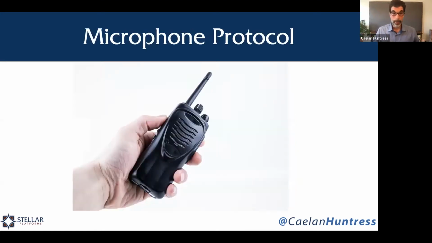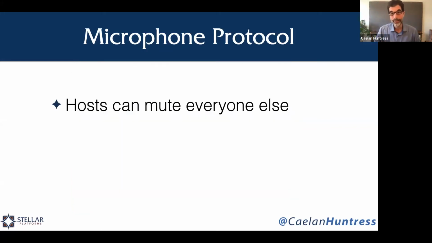So let's talk about microphones. Microphones have some neat tricks in Zoom, and I'd like to share one with you. Sometimes when you're in a meeting, somebody's got background noise, and all of a sudden everybody's hearing it, and it's totally annoying. When that happens, you can use a hotkey as the host.